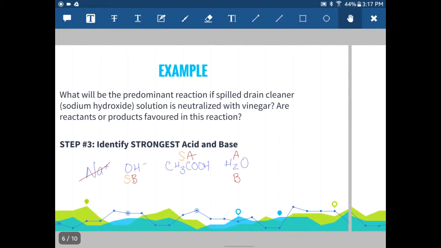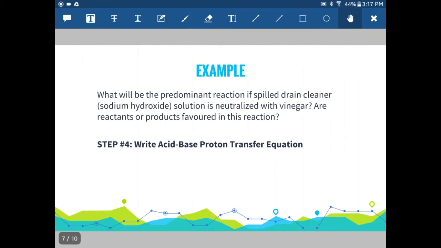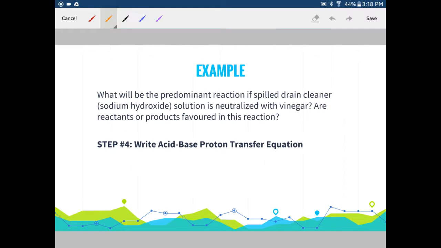Now, step number 4 is to write out our acid-base proton transfer equation between our strongest acid and our strongest base. So we know that our strongest acid is our acetic acid, CH3COOH. We're mixing that with our hydroxide ion.